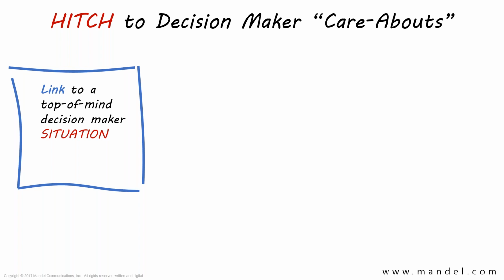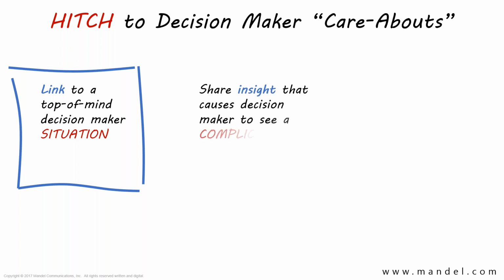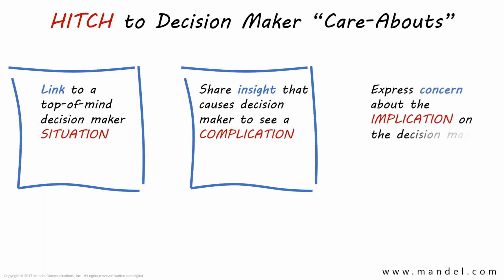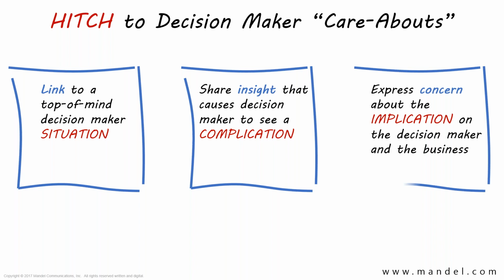And then you need to think about, what insights can I bring to bear that create a complication for my audience based on that situation, a challenge, a change, something that starts to get their attention. And I need to continue that thinking out, both logically and emotionally, to think about what concern can I express about an implication of that complication that really gets my listeners' attention? So these are the things you need to think about.